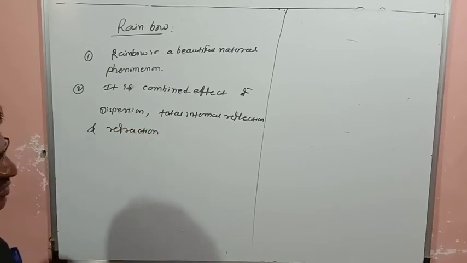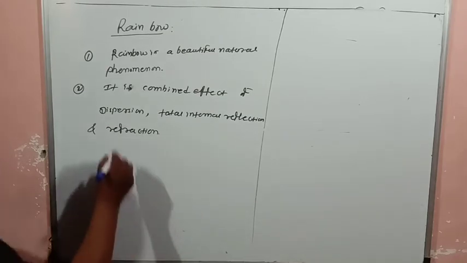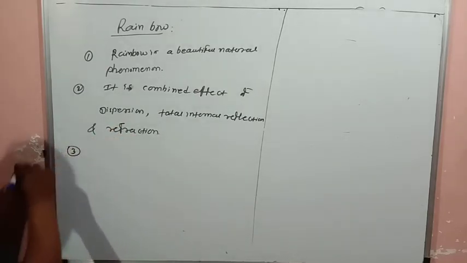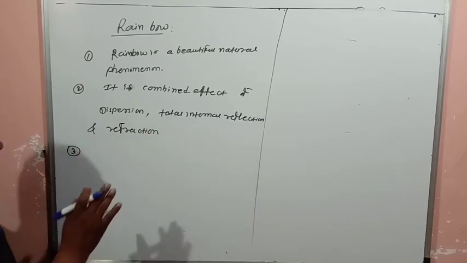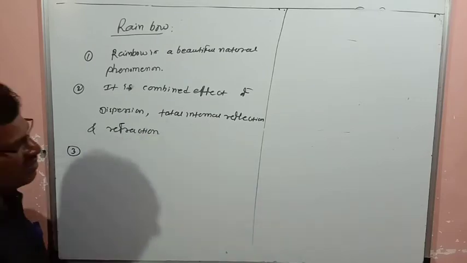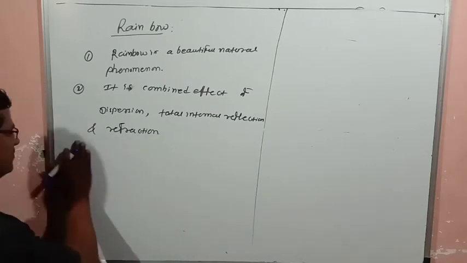So dispersion, total internal reflection and refraction. Next, we'll draw and understand with the help of a diagram.